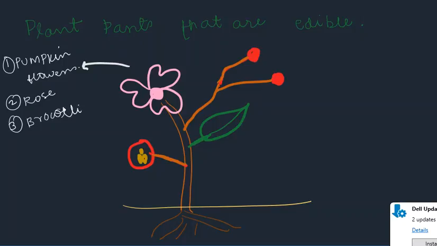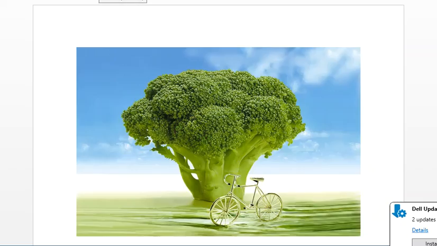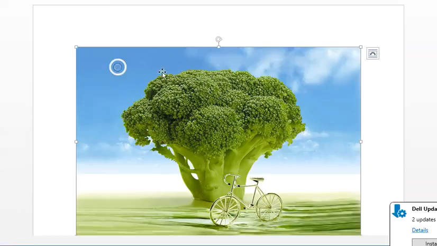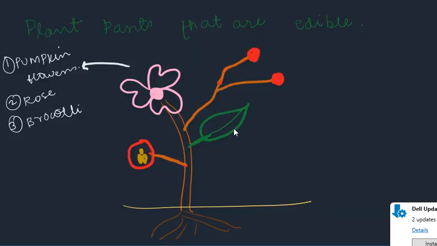If not, I'll show you its image. Broccoli looks something like this. Don't consider the cycle here, just look at the broccoli, which is considered to be a very healthy and nutritious food. After flowers, next comes the leaf which we consume. All the leafy vegetables which we have come under this category.